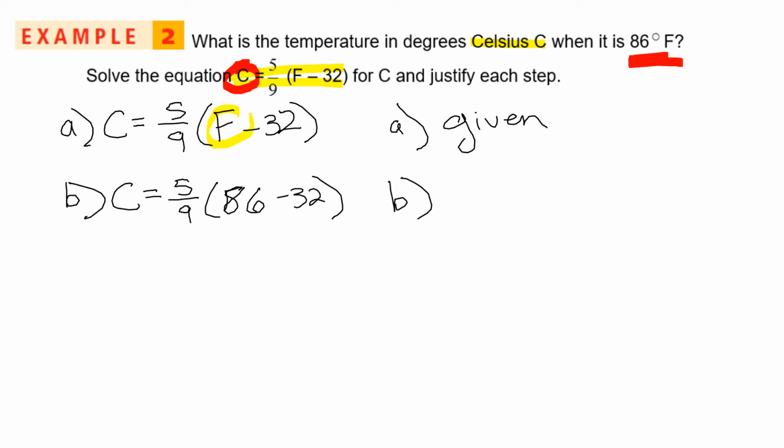Notice that we changed F to 86. What's that called when you put something in for something else? Substitution property of equality.